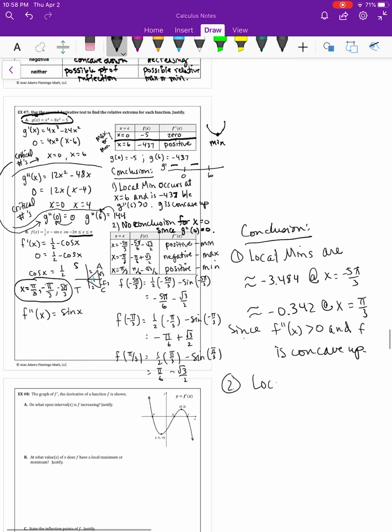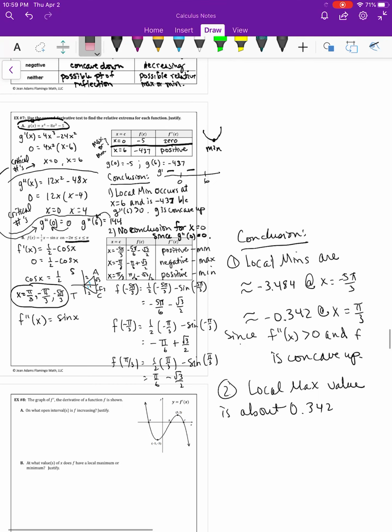And the second thing that we see, local max value is about 0.342. Sorry, my about looks like it's a negative.